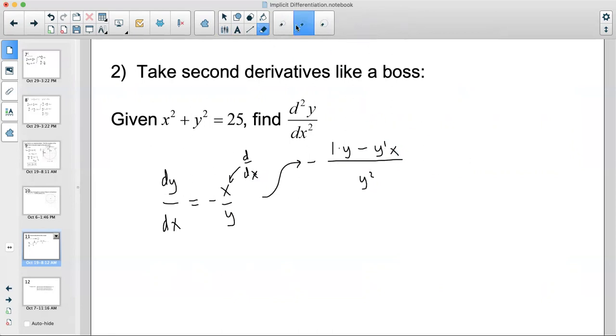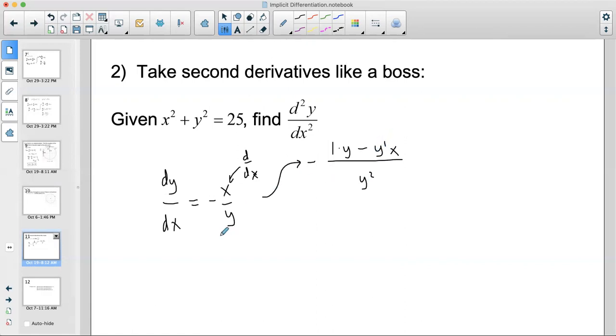That's great, except for one thing. We don't like for the second derivative to have a derivative in it. I want this second derivative in terms of x and y, not in terms of x and y prime. So how do I get rid of this y prime?